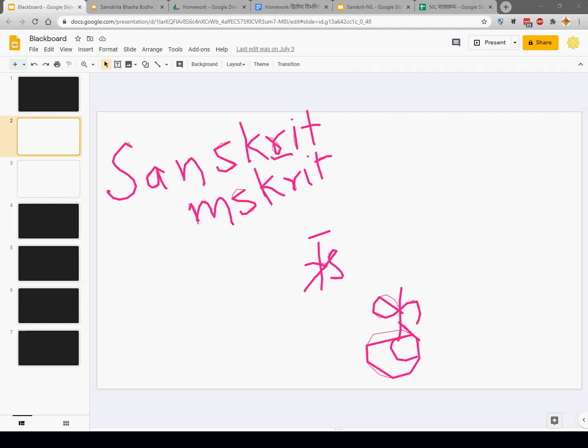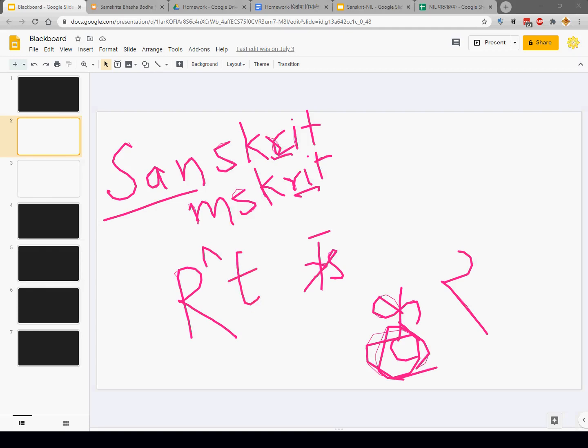That's why we write r, which is not the real ru. This is different. This is ra. But just for pronunciation we have to understand. Otherwise, using just alphabets in English, there is no way to write it unless we resort to some transliteration. In one of the transliteration schemes, this ru is written like this. Some transliteration techniques can be used.